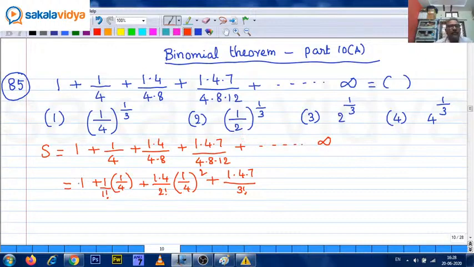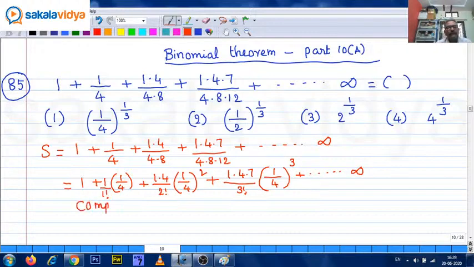This can be put in this form: 1 plus 1 by 1 factorial into 1 by 4, plus 1 into 4 by 2 factorial of 1 by 4 whole square, plus 1 into 4 into 7 by 3 factorial into 1 by 4 whole cube, and so on to infinity. Am I correct?